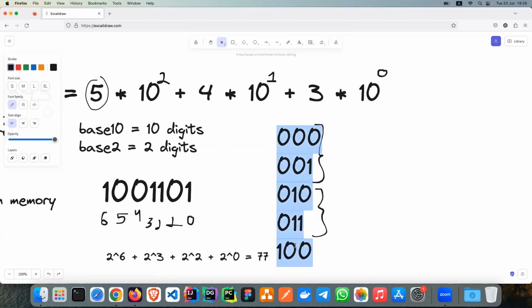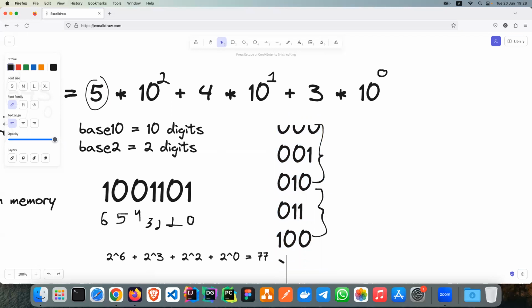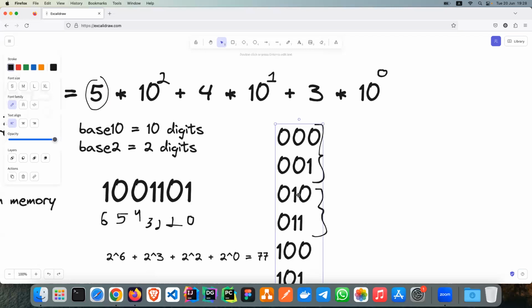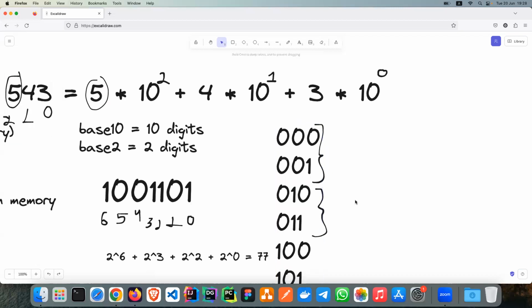In this way, when I continue counting, what will I have? 1 1 0 1, and then 1 1 1 0, and then 1 1 1, and then I'm again done with the numbers. I will have to continue adding new bits. So this is actually how we count in binary.